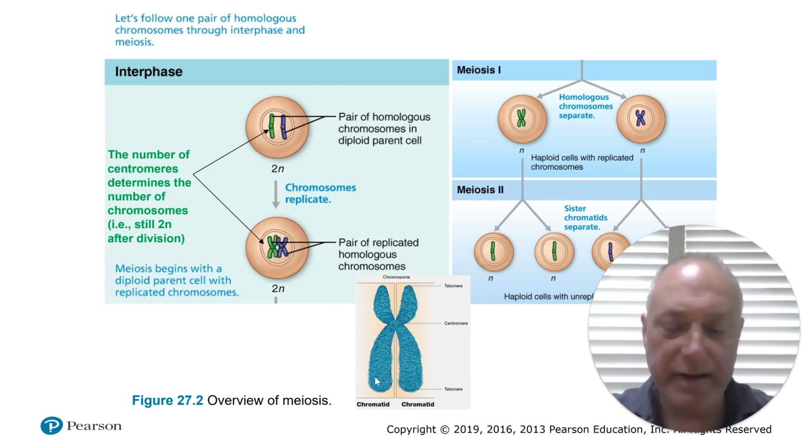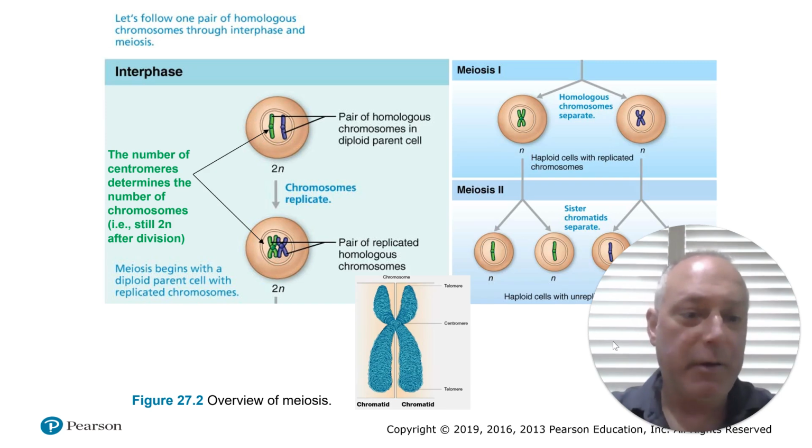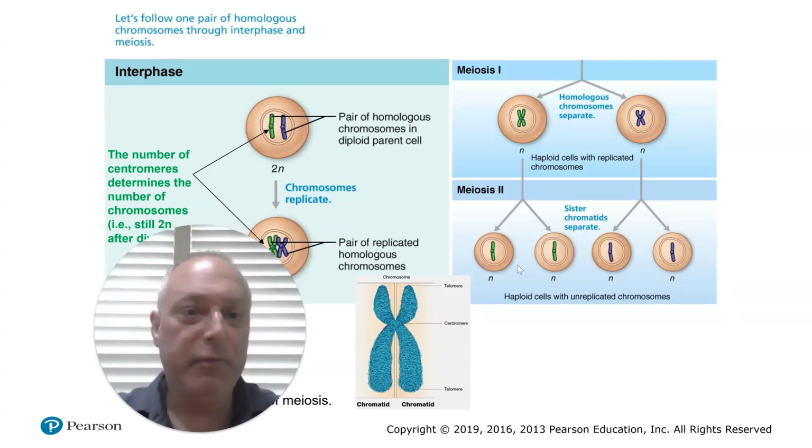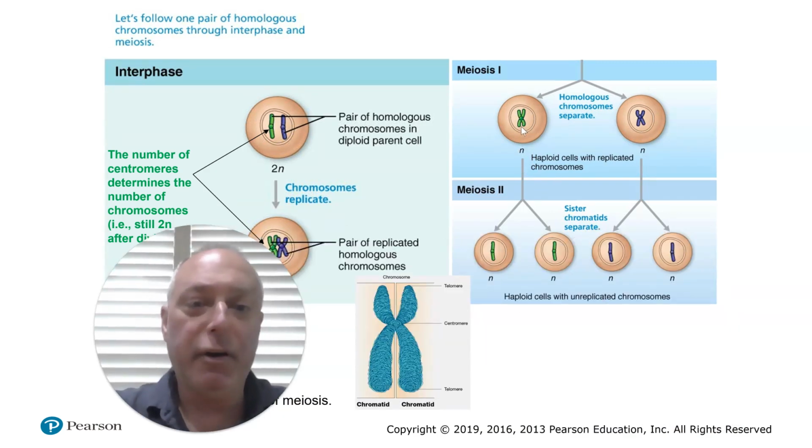If we look down at this chromosome here, just to review, we've got the telomere, which is the ends of the chromosome, the centromere, which is the middle, and the chromatids, which are the arms. So this chromosome has two chromatids. It is still one chromosome. Now in meiosis, if we have already undergone interphase, our chromosomes are doubled.